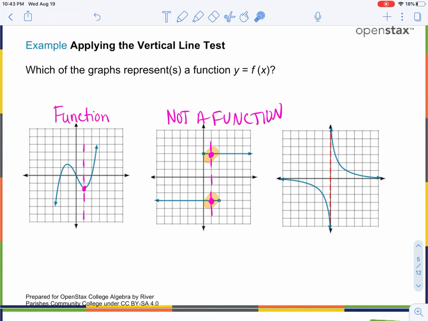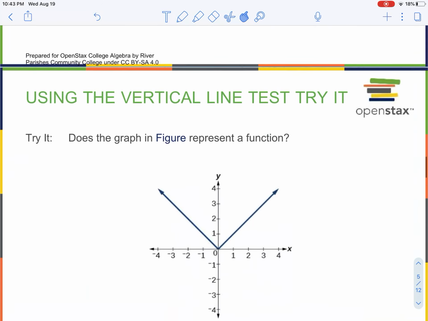The two parts of the graph are separate, and there is a big section that the graph is not crossing. There's a big gap in the graph, if you will. So even though this looks like it's crossing both parts of the graph, it's actually not. So no matter where you draw a line on this graph, it's only going to cross once. So this one is also a function.